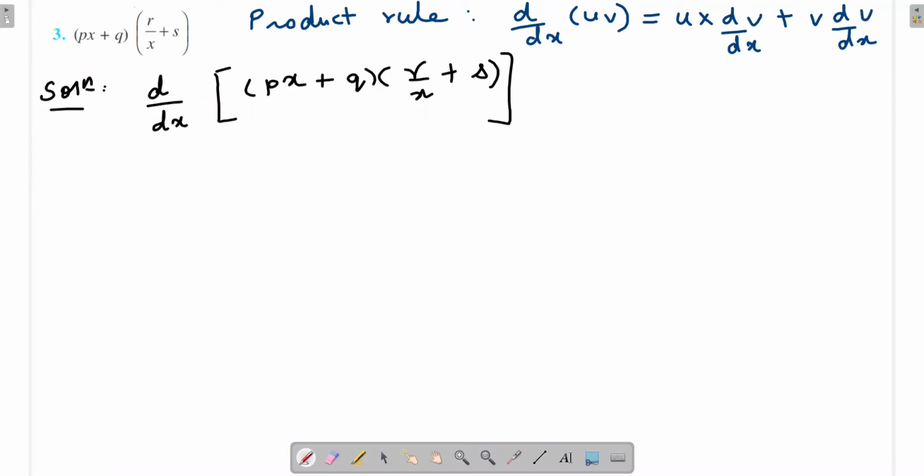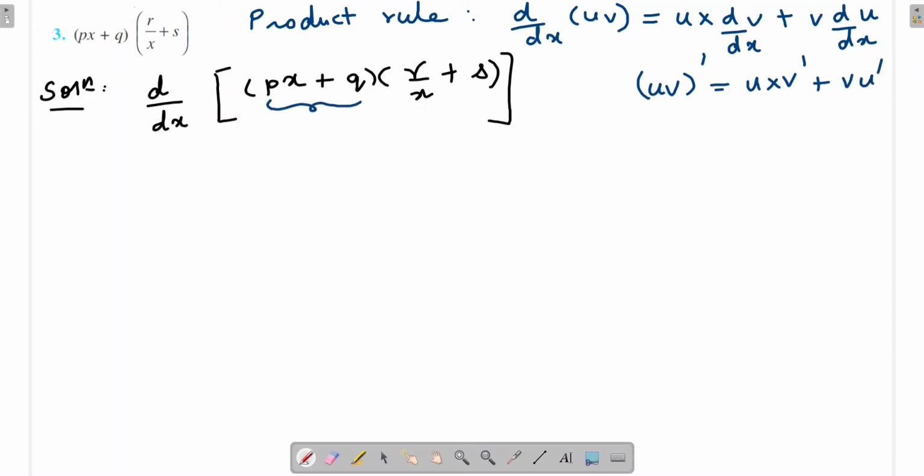Okay, this is the formula. In short, we can write it as (uv)' is equal to u multiplied by the derivative of v, that is v', plus v times the derivative of u, that is u'.